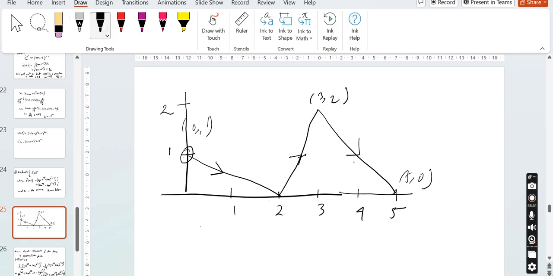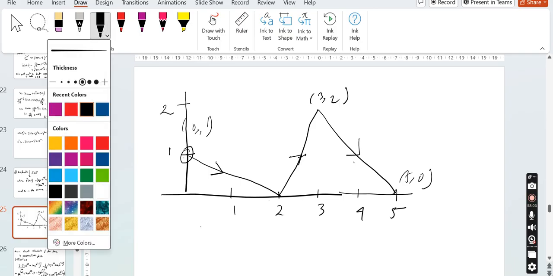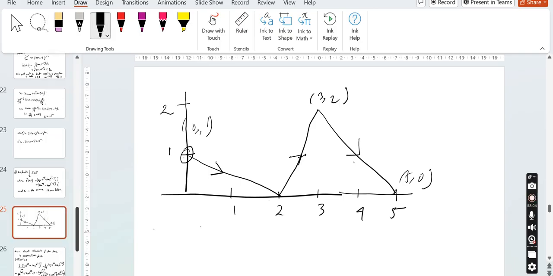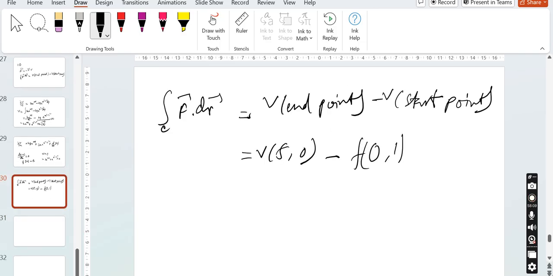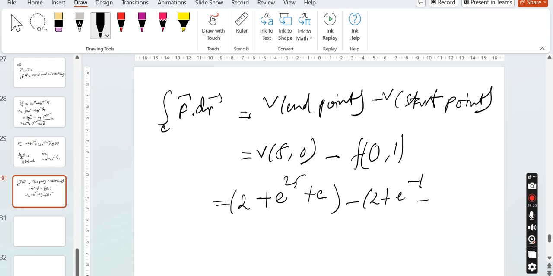Okay, so that will be 2 plus e to the power 25 plus c minus 2 plus e to the power minus 1 plus c.